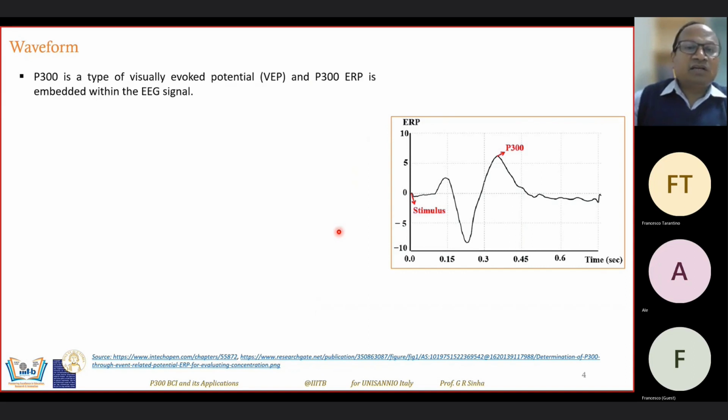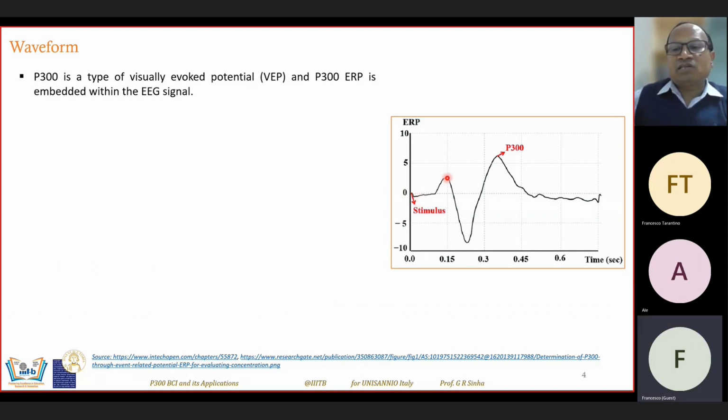So this is the main waveform of P300. The event related potential ERP is generated. The stimulus was given in the beginning, and the moment the person watches or sees or listens to the stimulus, just after 300 milliseconds, a positive peak is generated, and this response potential is used in the analysis and to generate different control signals.